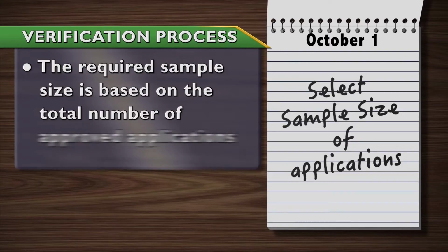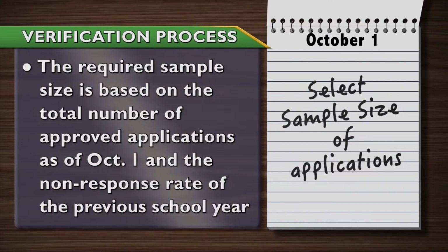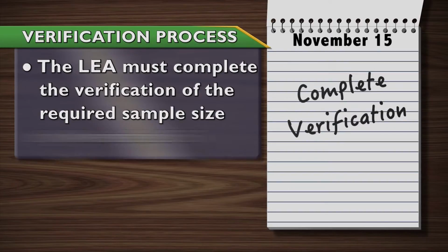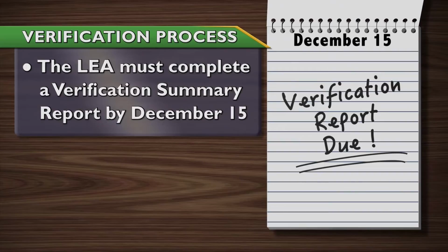The required sample size is based on the total number of approved applications on file as of October 1st and the non-response rate of the previous school year. The LEA must complete the verification of the required sample size by November 15th. The LEA must complete a verification summary report on the DESE web application system by December 15th.